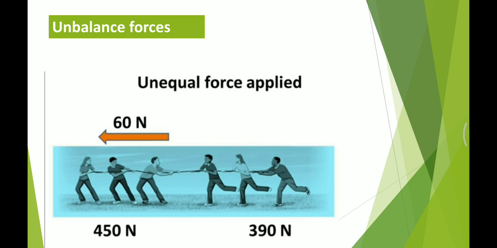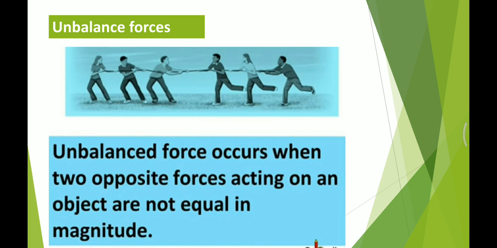The left hand side team exerts a greater force than the other team. The rope will move toward the winning team. It means that unbalanced force occurs when the two opposite forces acting on an object are not equal in magnitude.